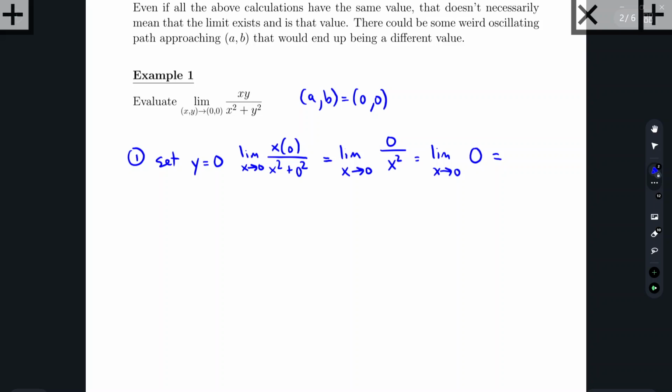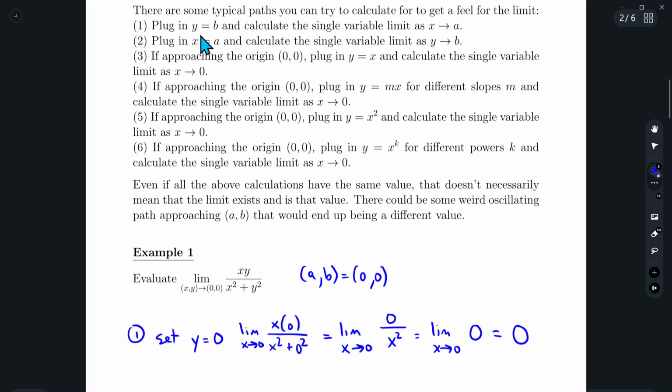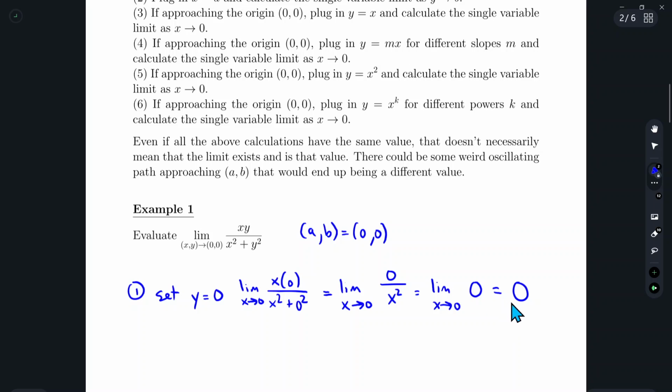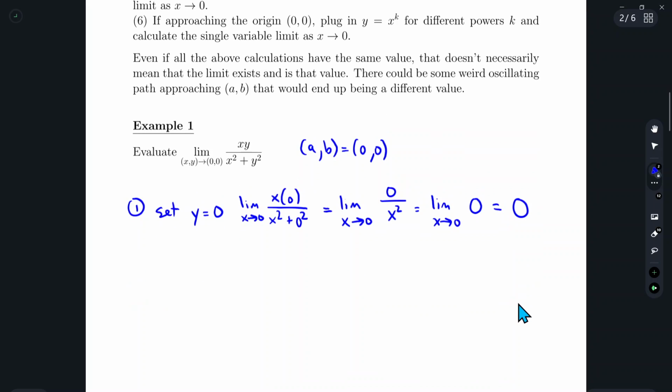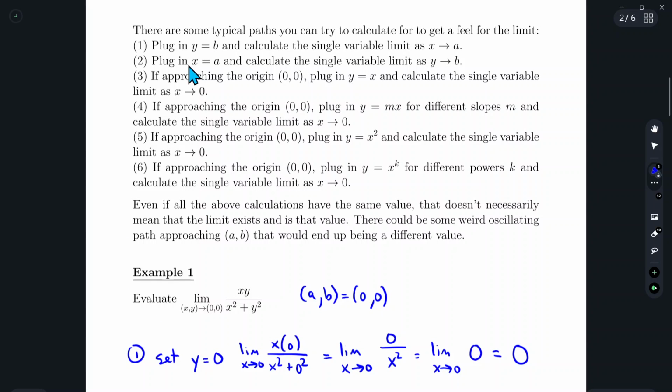And then now it's simplified as much as possible, so now we can calculate the limit, but this is just the limit of a constant, which is always just the value of the constant. So this limit is equal to 0. Okay, so along the first path, I get that the value of the limit is equal to 0. So that's sort of the idea with these calculations here.